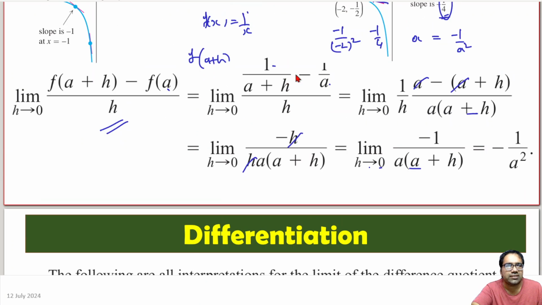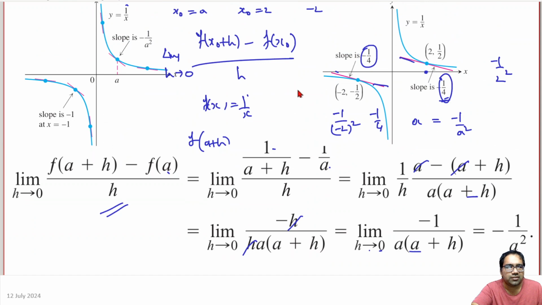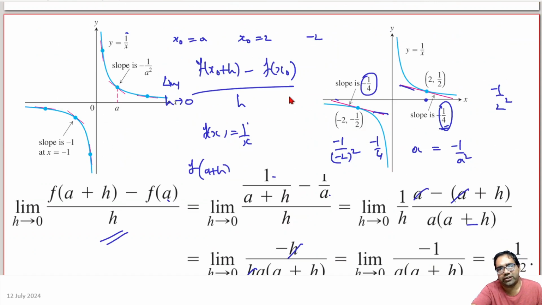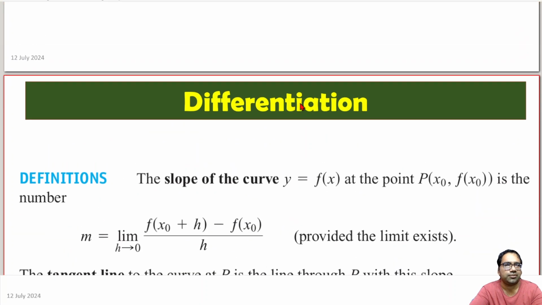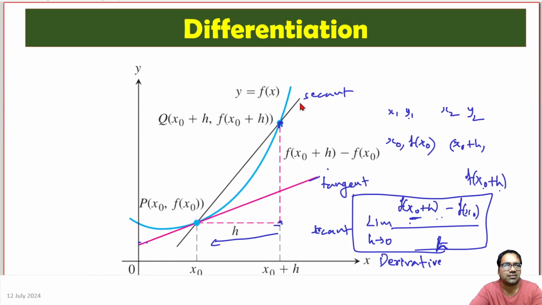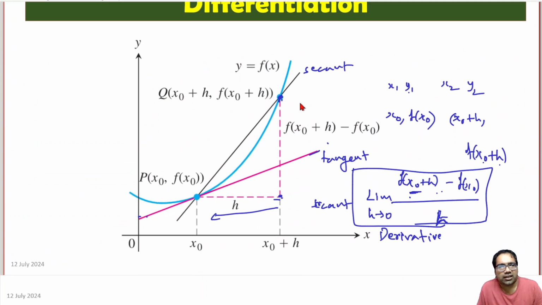So, now we discussed slope or differentiation. At the same time, when we talk about slope, there is another interpretation of the slope. Another interpretation is how y is changing with respect to x.